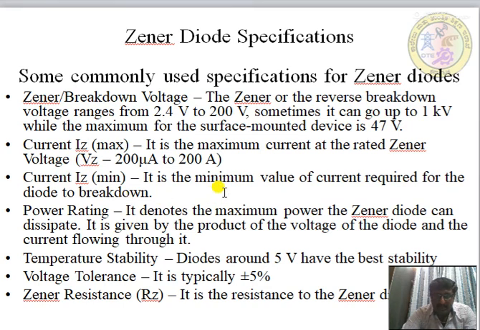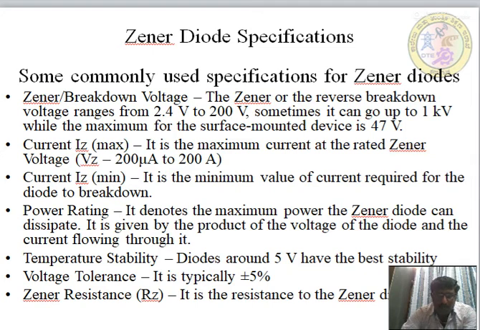Next, power rating. It denotes the maximum power the Zener diode can dissipate, and it is given by the product of the voltage of the diode and the current flowing through it. The next one is temperature stability. Diodes around 5 volts have the best stability. Previously almost all electronic devices were designed for 5 volts, and now it has been reduced to 3.2 volts just to reduce the power.